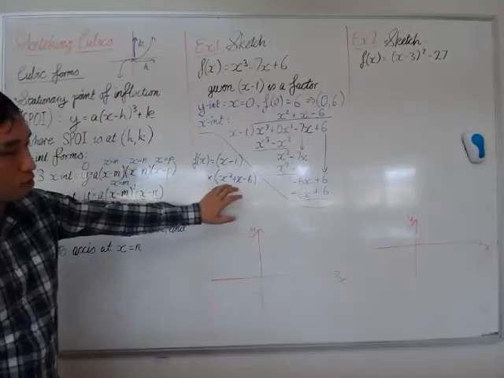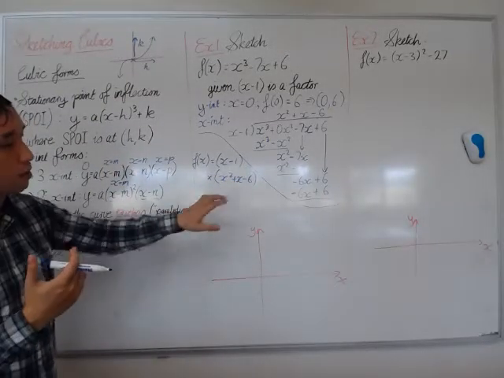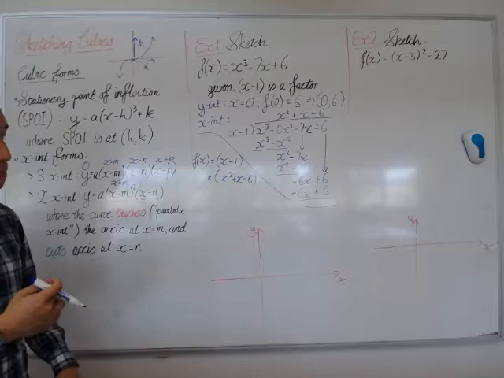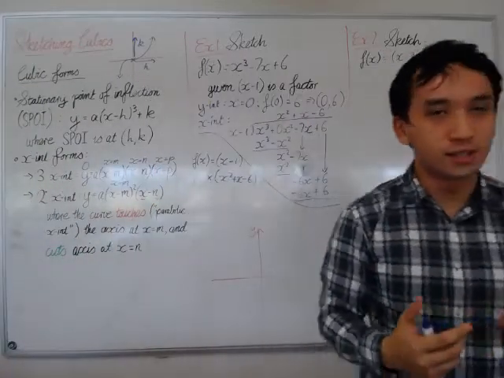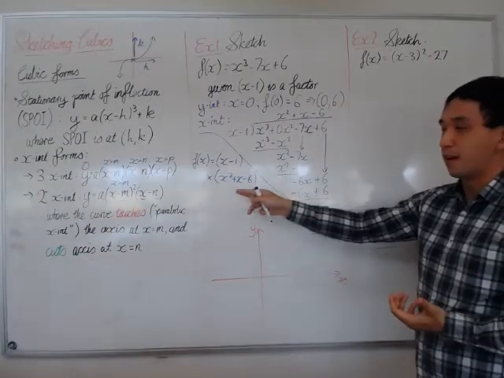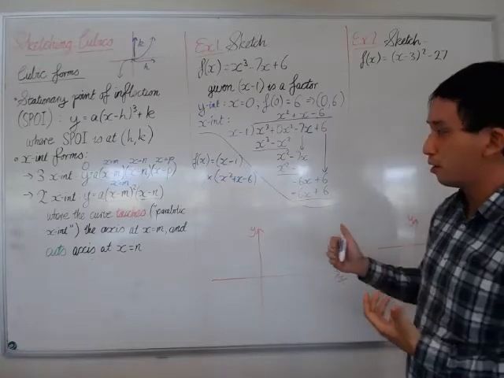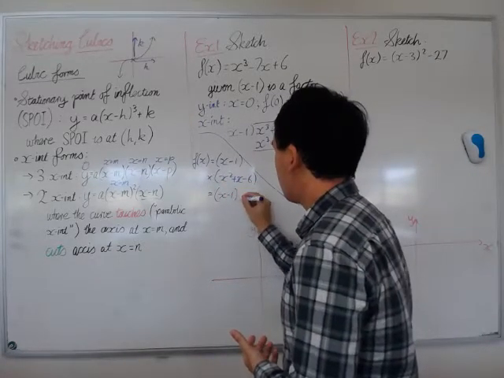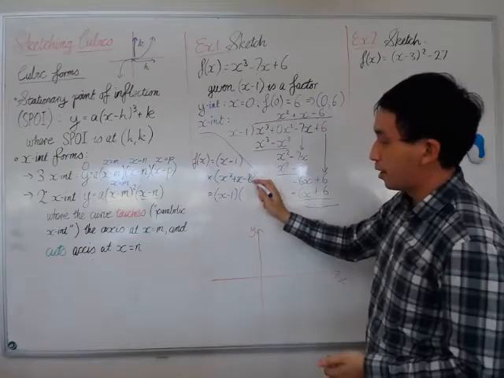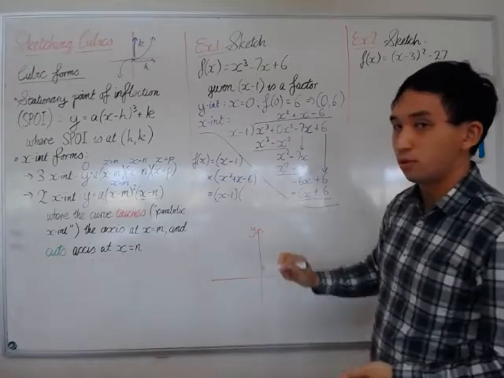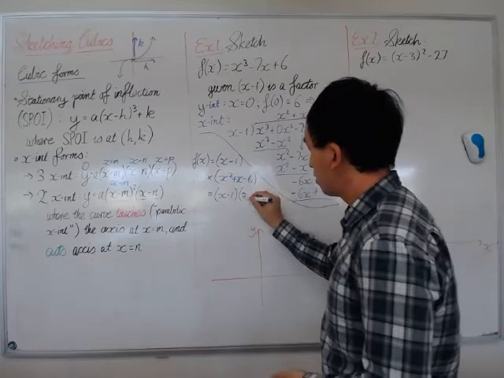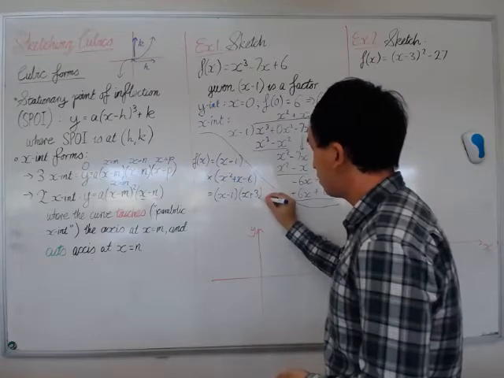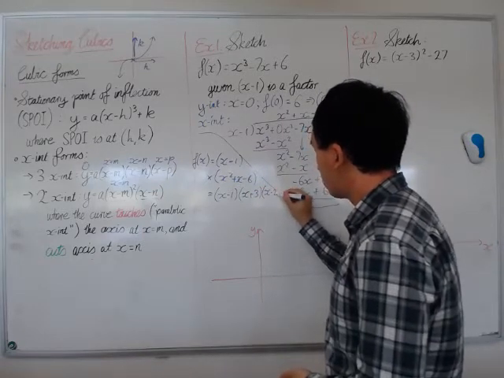What we've got to do to get more linear factors is factorize our quadratic as well. A few ways to do it. Easiest way is probably the cross method if you have some simple integers to work with. Now we've got to multiply to get negative 6 and add up to positive 1. So we get x plus 3 and x minus 2.